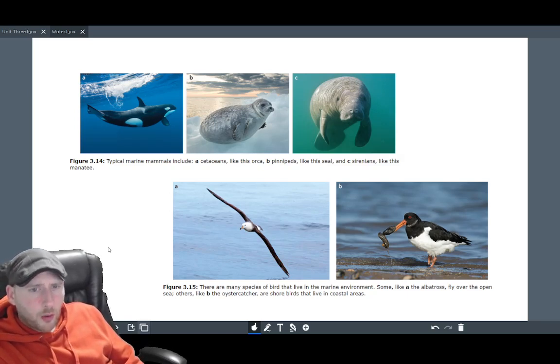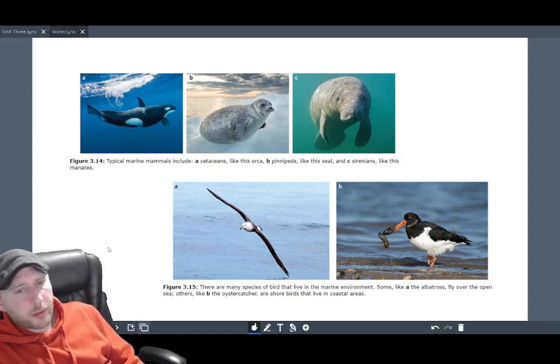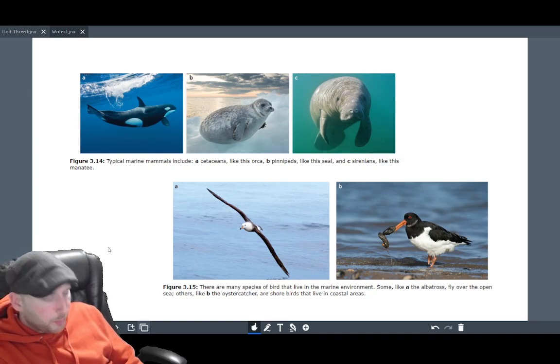Whereas our little oyster catcher here is out on the beach, and it doesn't go over the open ocean. It lives on the coast, digging little holes with its beak and pecking up delicious little morsels. They're both birds, and they both interact with the ocean, but in different ways, right? So, again showing that not all mammals are the same, and not all the birds are the same either.